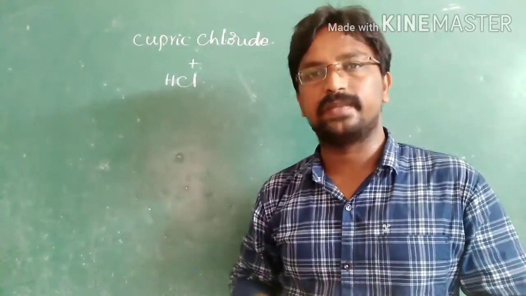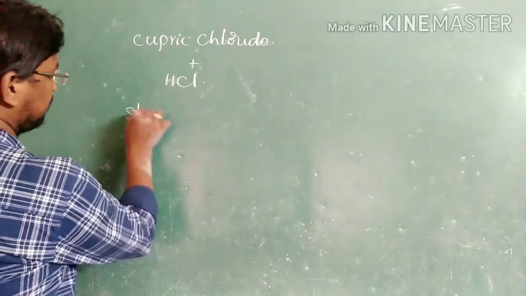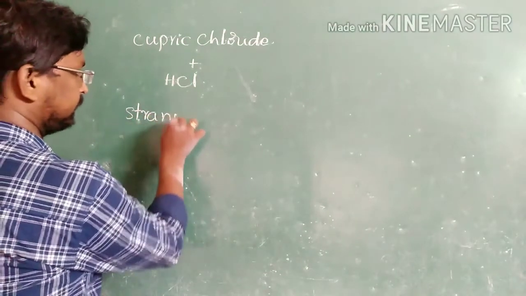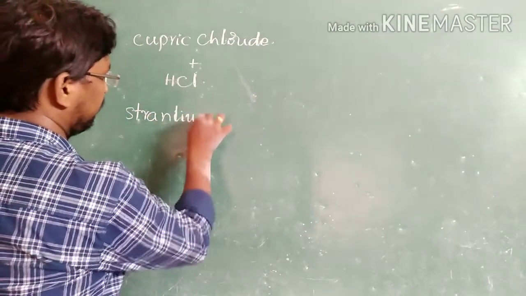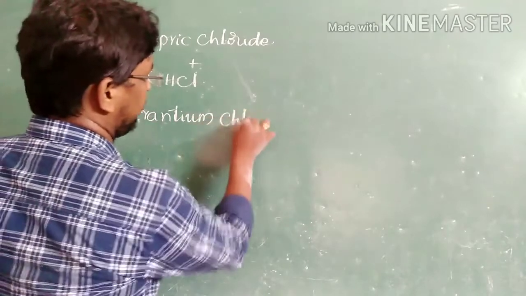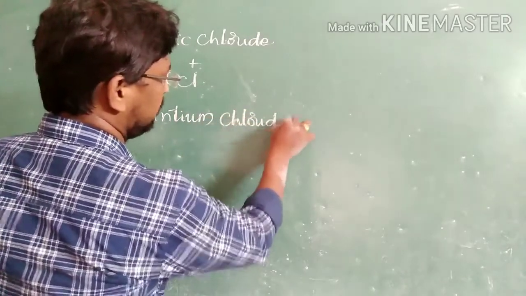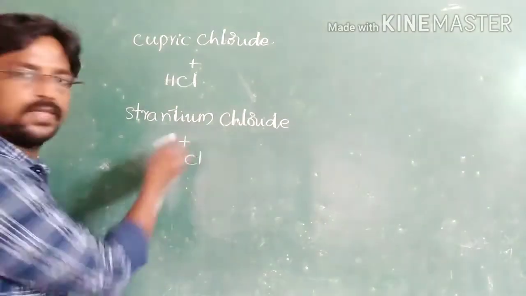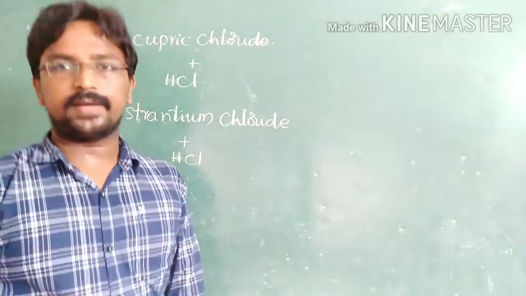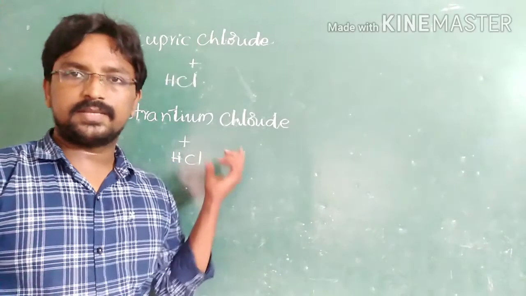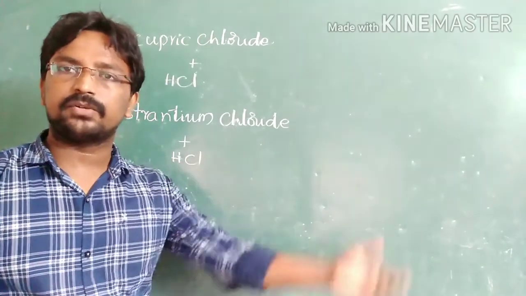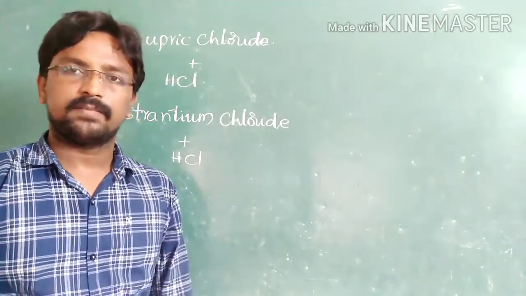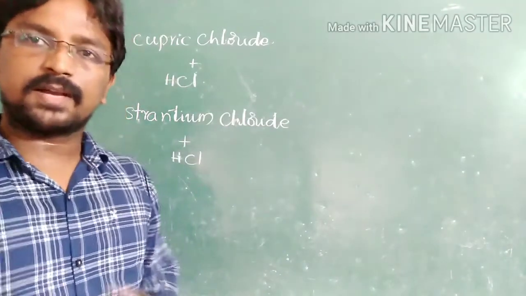At the same time, another example is strontium chloride. This also has to be made into a paste with hydrochloric acid and introduced to the non-luminous flame. There you can observe the color changes.